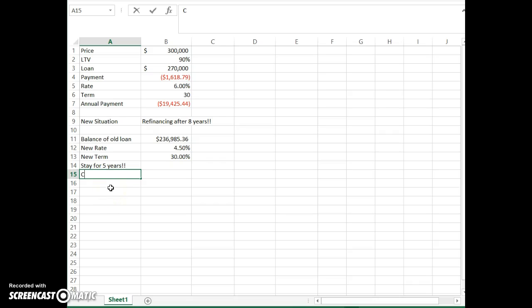To calculate the cost of this loan, we have to factor in the origination fee, which is 1%, and fees are $800. Oops, make that 1%.